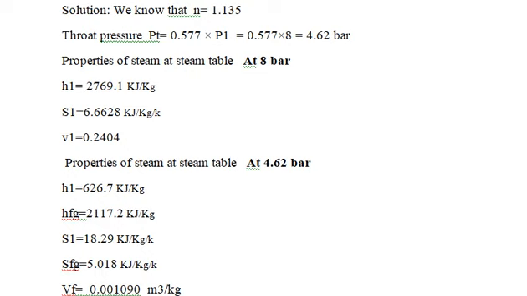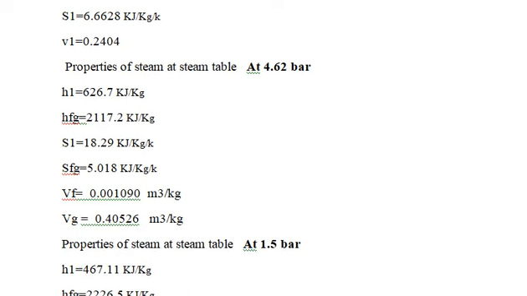Then you have to determine the properties of steam at 4.62 bar, that is the throat pressure: Hf, Hfg, Sf, Sfg, Vf and Vg. Hf equals 626.7 kJ per kg, Hfg equals 2117.2 kJ per kg, Sf equals 1.829 kJ per kg Kelvin, Sfg 5.018 kJ per kg Kelvin.